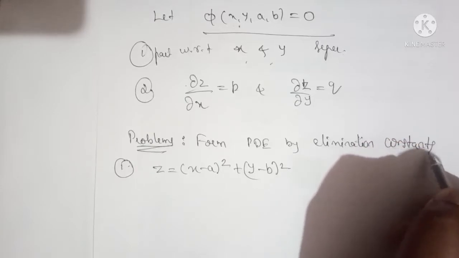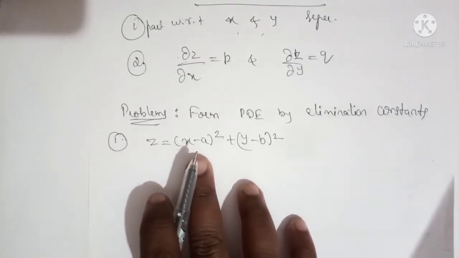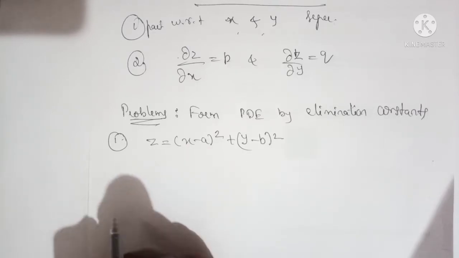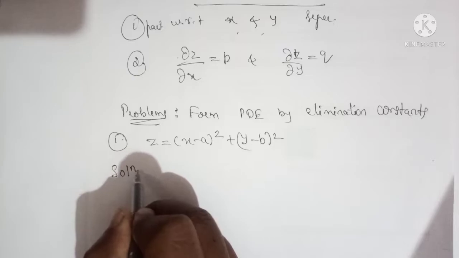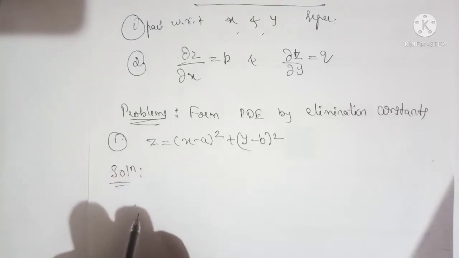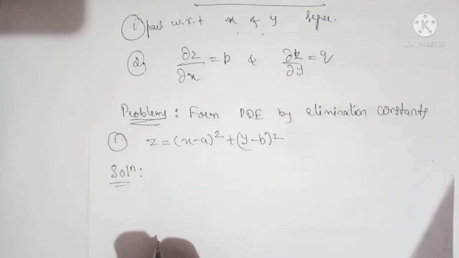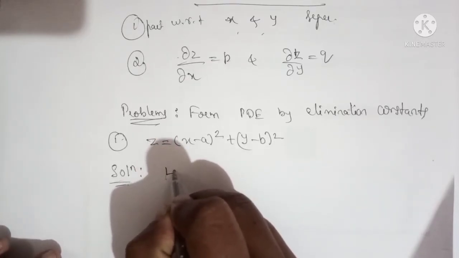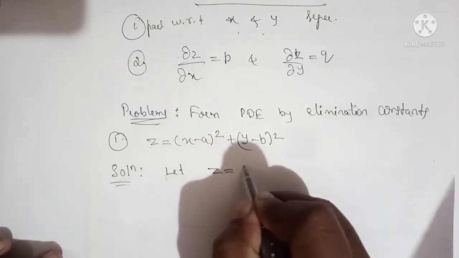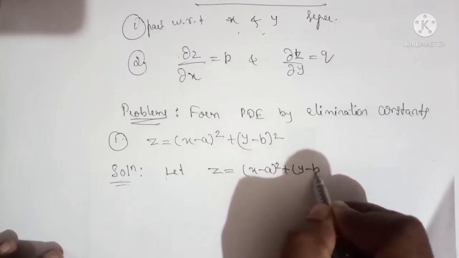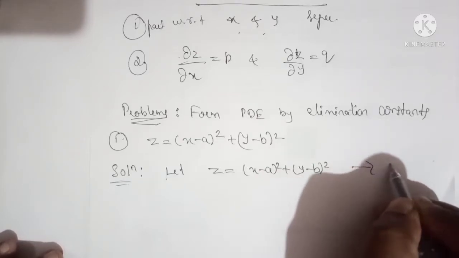The first question is this one: z = (x − a)² + (y − b)². Again, as I said, we differentiate the given equation with respect to x and y partially and separately. So let the given equation z = (x − a)² + (y − b)² be equation 1.